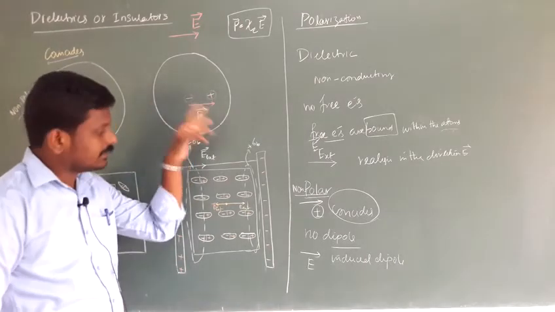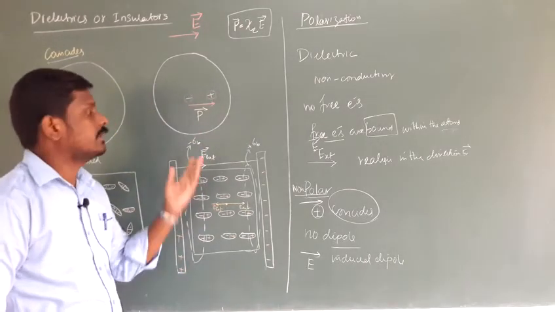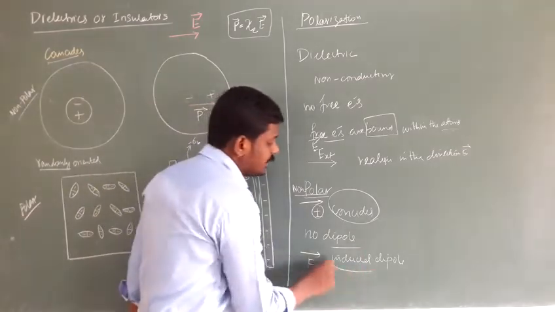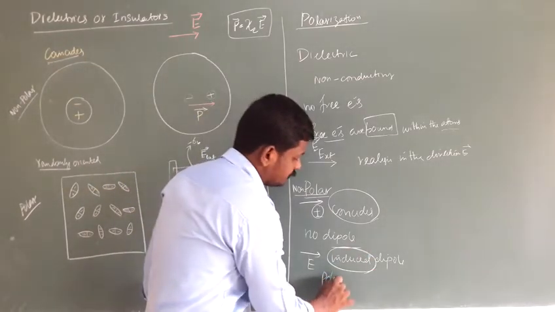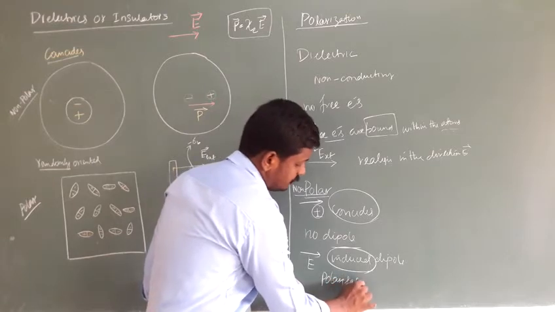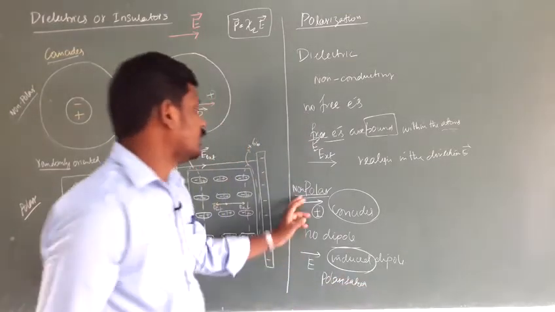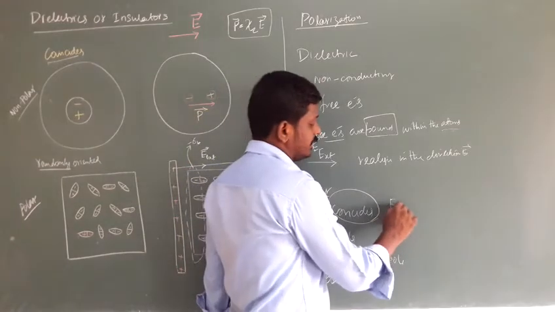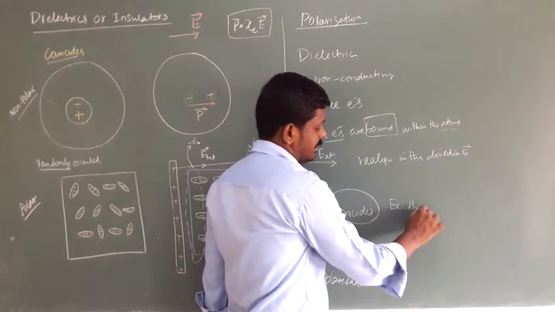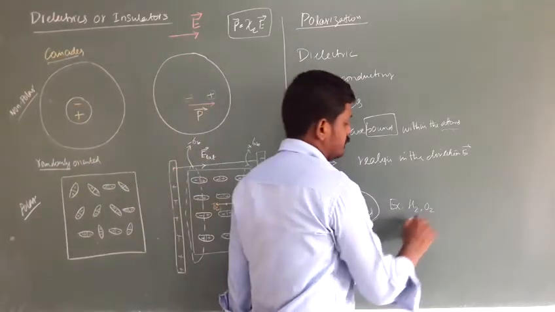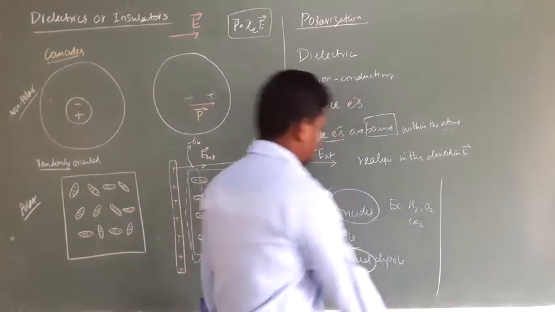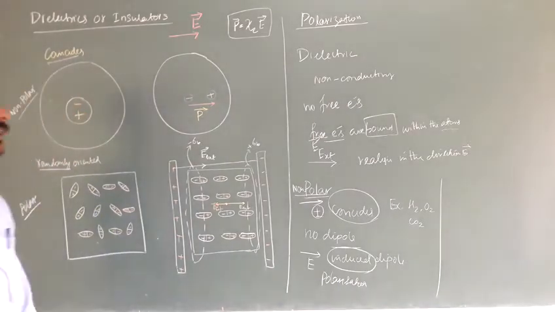So by applying an electric field, an induced dipole moment is produced. That is called polarization. Examples of non-polar dielectrics are hydrogen, oxygen and carbon dioxide.